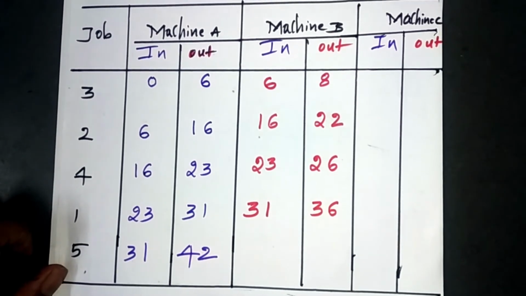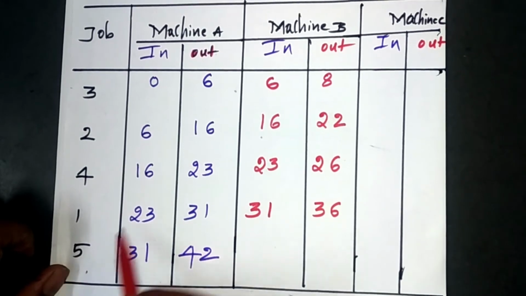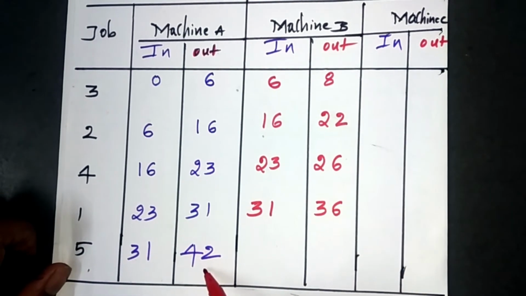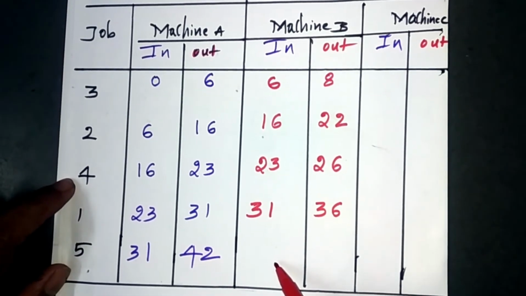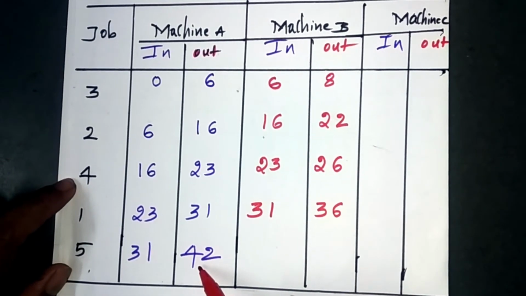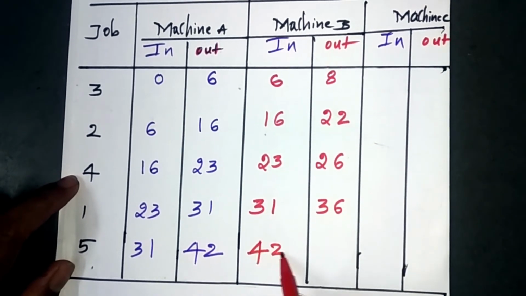Now the last one, the 5th job. The 5th job has completed its processing at 42 hours. So it's going to enter machine B with the in time as, here we have a 42 and here we have a 36. The maximum number here is 42.